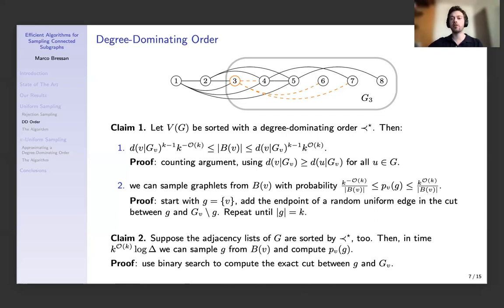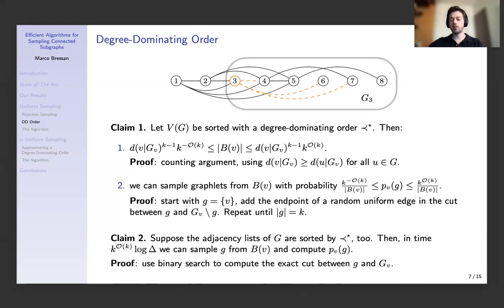The only thing is that we have to account for the several possible orderings of the vertices of the graphlet in which the graphlet can actually be built by the sampling routine. So this adds a k factorial factor that is responsible for the k to the order of k factor there.